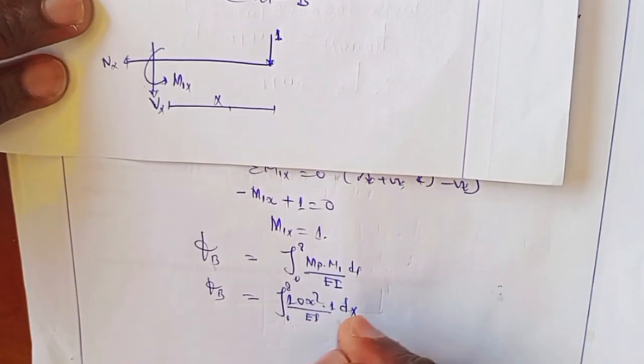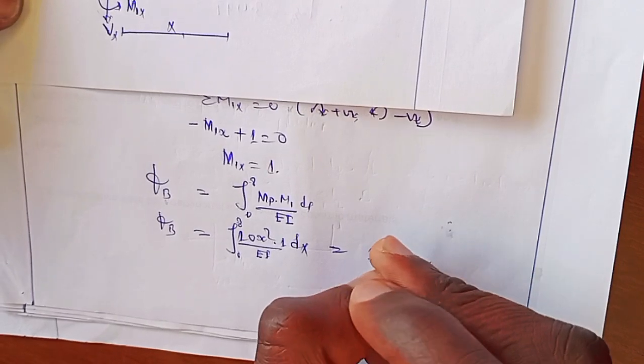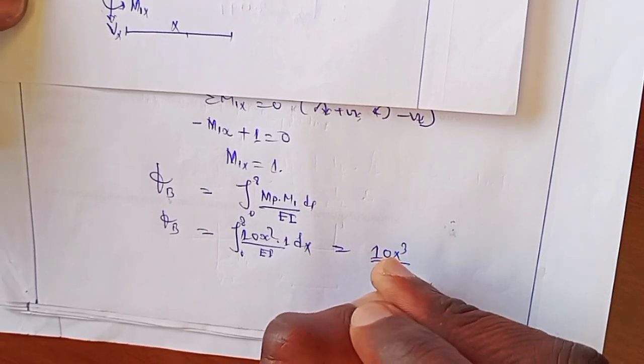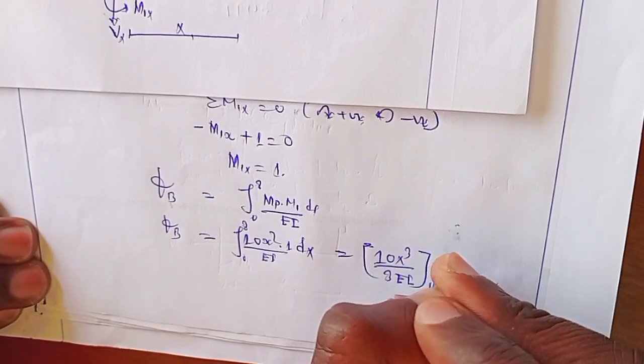When we integrate, it will be equal to 10x cubed over 3EI from 0 to 8.